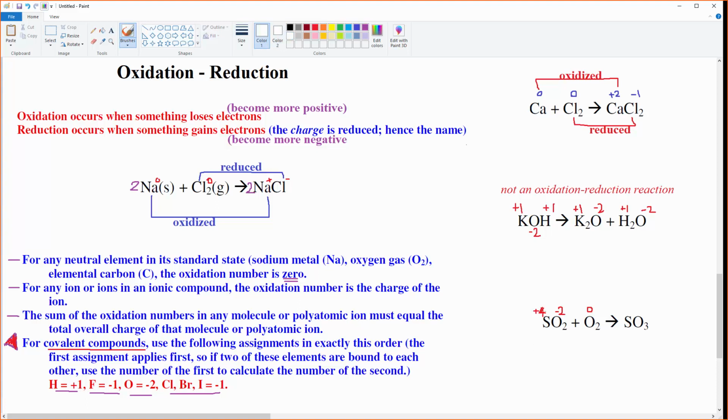-2 for the oxygen again. Good. Excellent. Which means that the sulfur there has got to be, not a +4.